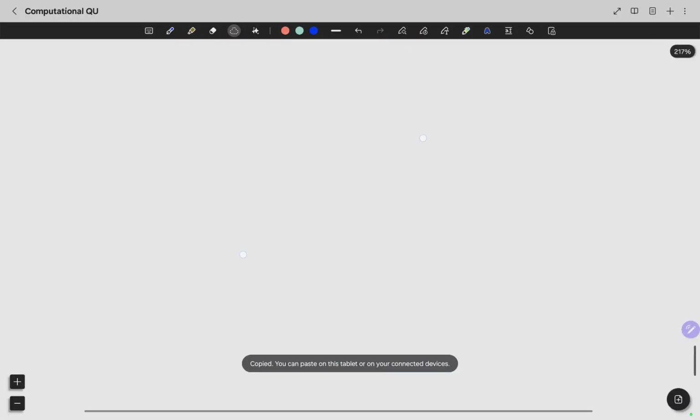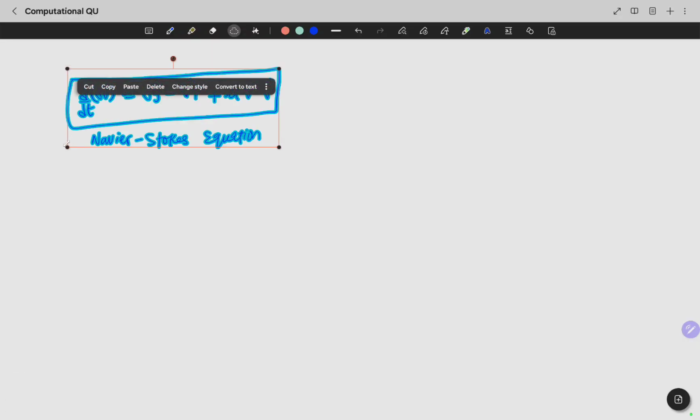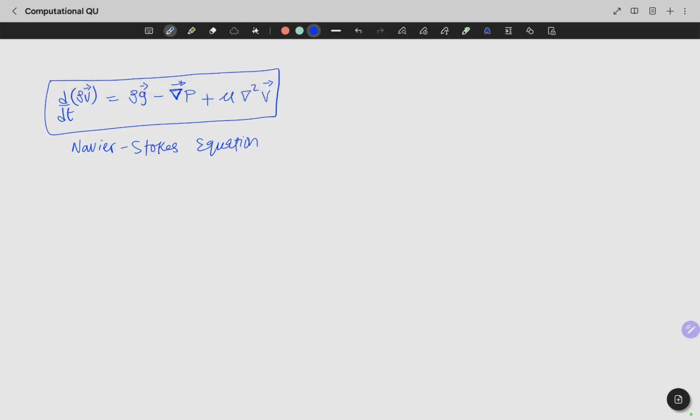But for analytical solution, we might reduce this, so we might make some assumptions. First, let's make it 1D. Second, let's make it incompressible. Already is incompressible, so it's fine.